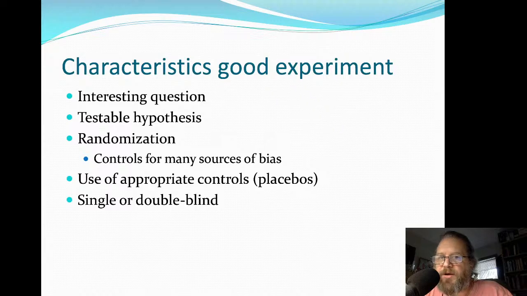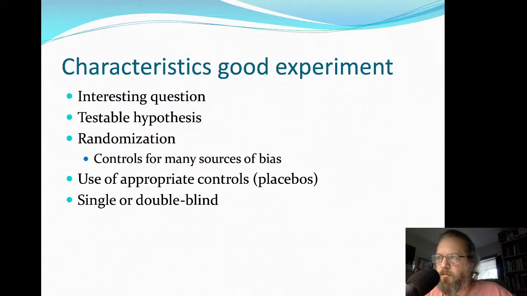Another key element to doing an experiment, and not everybody appreciates this, is that you need to incorporate randomization into your experimental design. We'll talk at some length about what that means, but here briefly, imagine that you want to study the effectiveness of a new drug on lowering A1C levels.